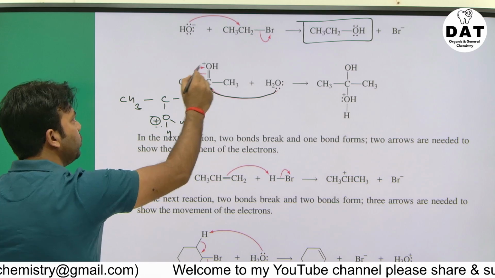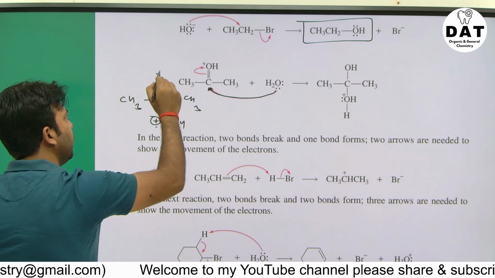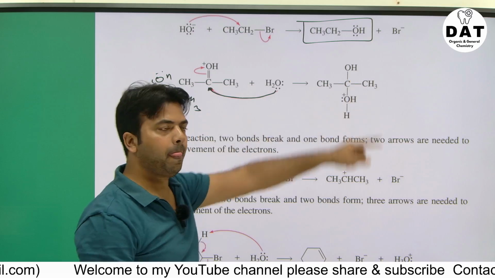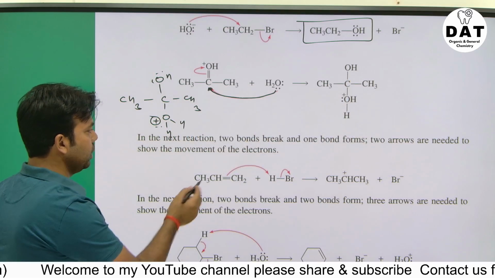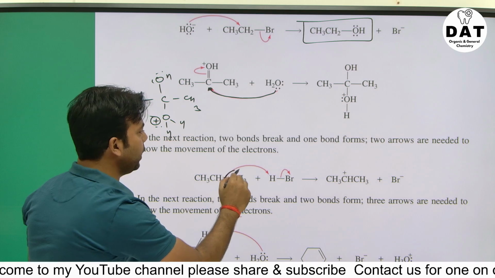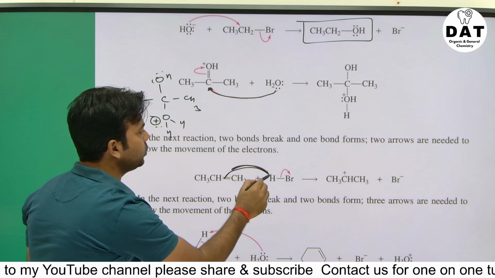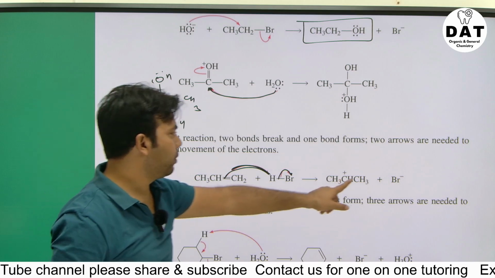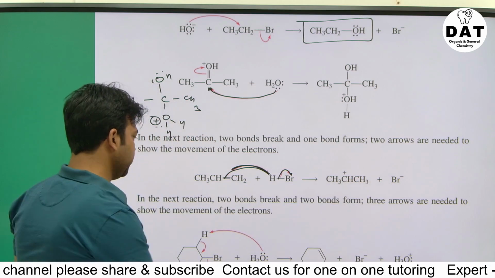This CO bond is going to break, so it will become a single bond and this is OH. You can see. This is simple, this is a bond, so electron always comes from the bond and lone pair, so this is the bond, so it attacks over here, Br leaves. So here you have a carbocation and Br minus.